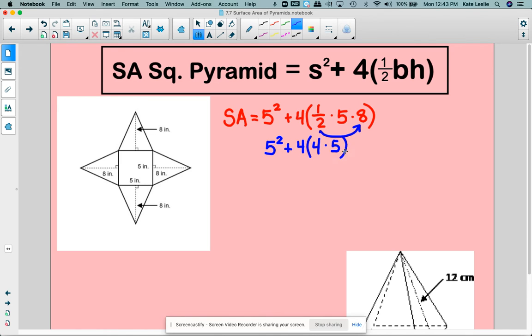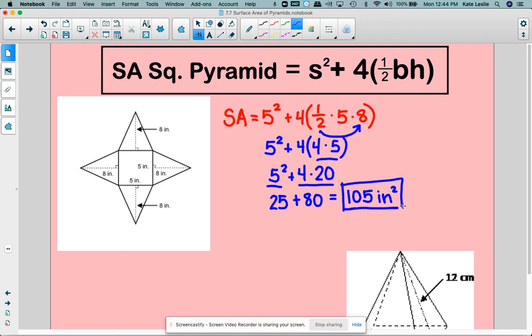You're going to get the same answer regardless if you go from left to right or if you do this. Still doing the parentheses, so we have 5 squared plus 4 times 4 times 5 is 20. Now we have to do our exponent, so we have 5 squared, which is 25, plus 4 times 20, which is 80. And when we add these together, we get 105 inches squared.